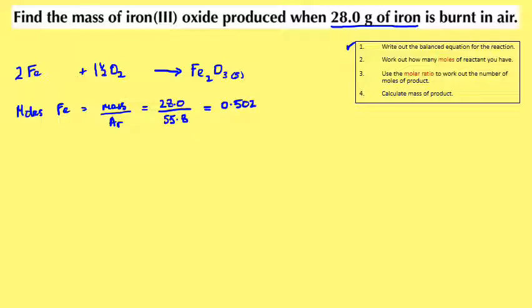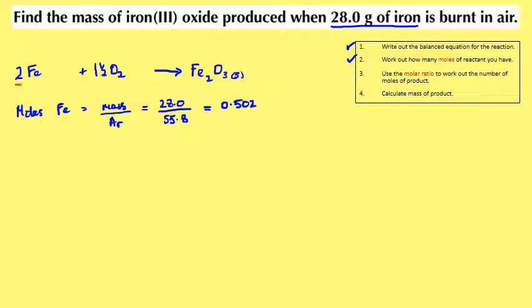So now we've worked out how many moles of reactant we have, and iron is the key reactant. We could work out how many moles of oxygen, but it wouldn't help us get to the answer, so we'll leave that step. Okay, so step number 3 is use the molar ratio. Let me just switch to red for the molar ratio. So use the molar ratio to work out the number of moles of product.